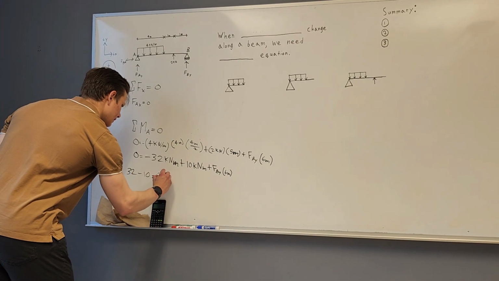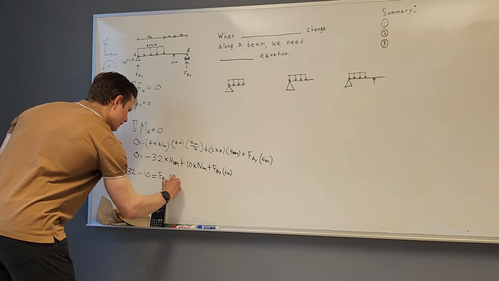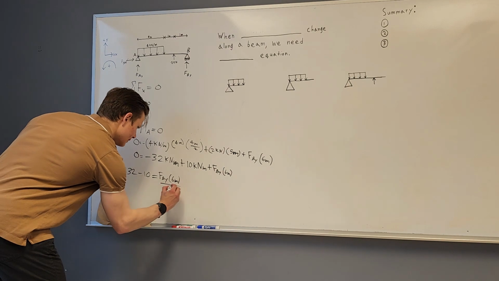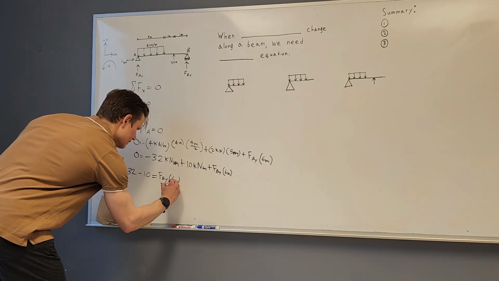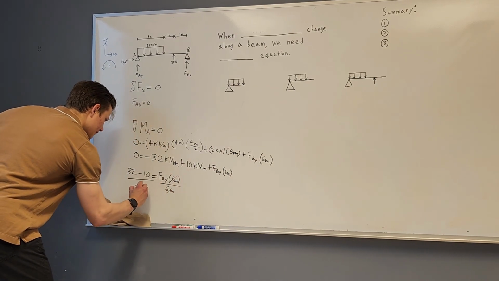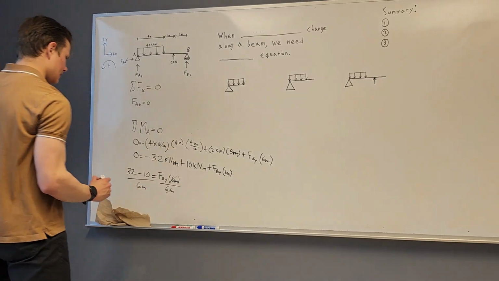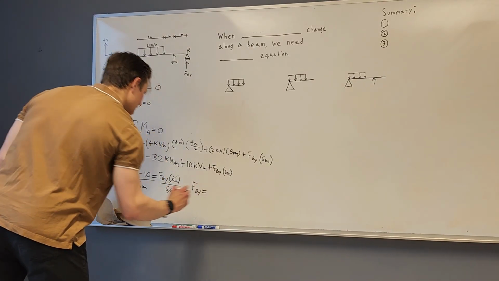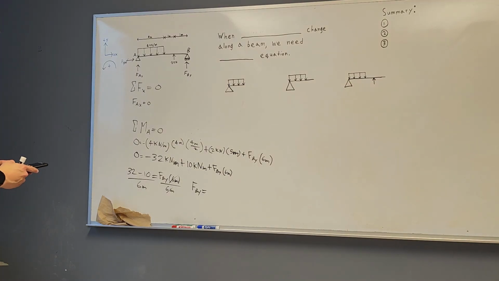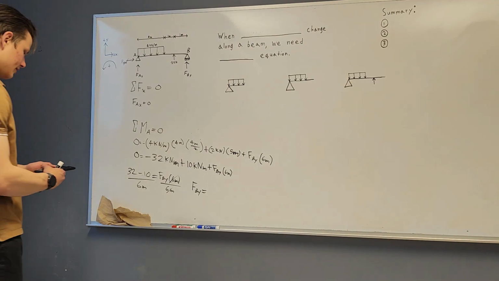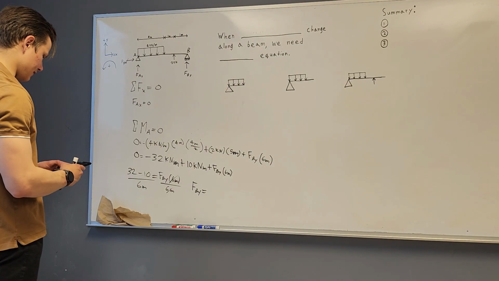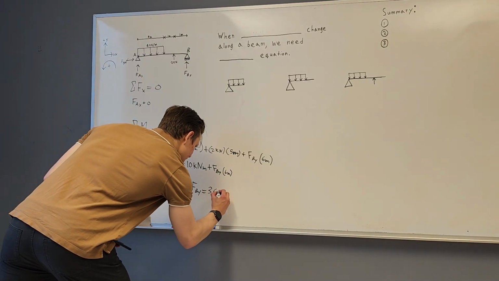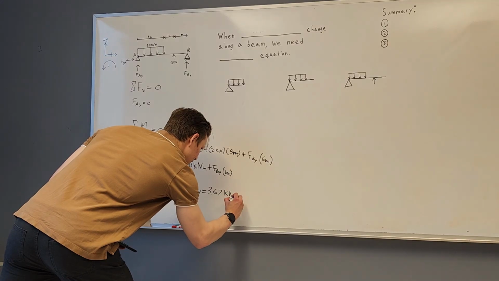Equals Fby times 6 meters. Divide both sides by 6 meters. These will cancel out. And then we get Fby equals 32 take away 10 gives us 22. Divide by 6 equals 3.67 kilonewtons.